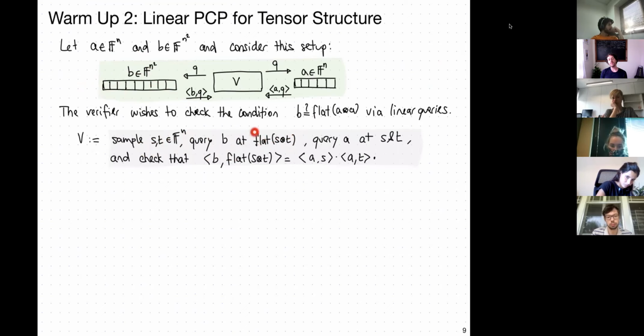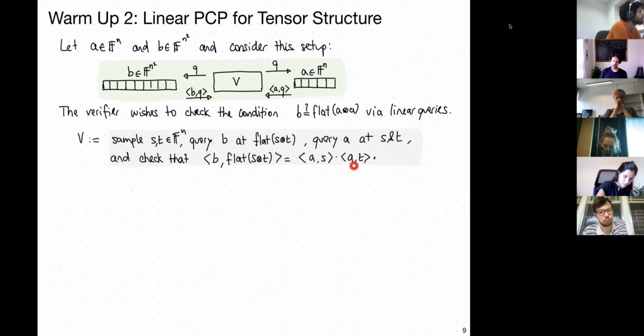So think about this as a way of doing a random linear combination with respect to a tensor. How do I do it? I take two random elements and I tensor them and flatten them so it would be a vector. And then I'll query A at the point S and at the point T.